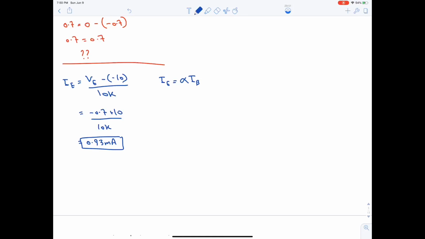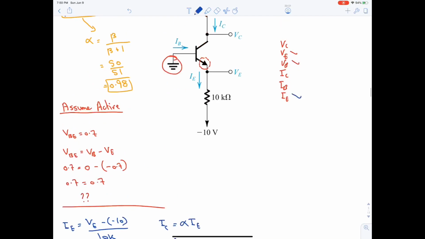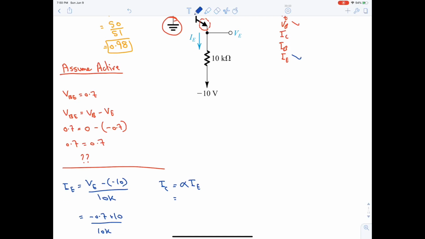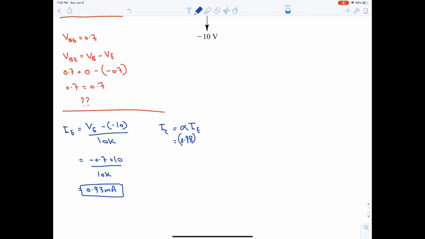Sorry, I think I messed it up. It's IC equal to alpha IE. Hence, we figured out alpha, which is 0.98, IE is 0.93 milli, so IC is equal to 0.91 milli.